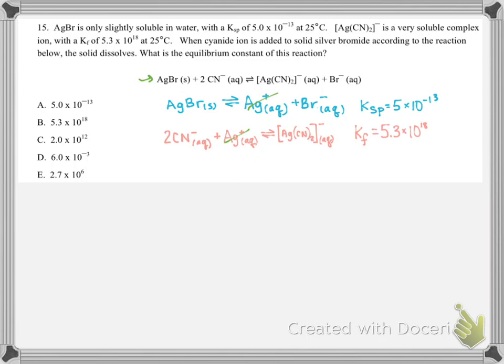And then we're left with that overall equation. And so since we've just added these two equations together to get our overall one, our KEQ will just be equal to Ksp times Kf.